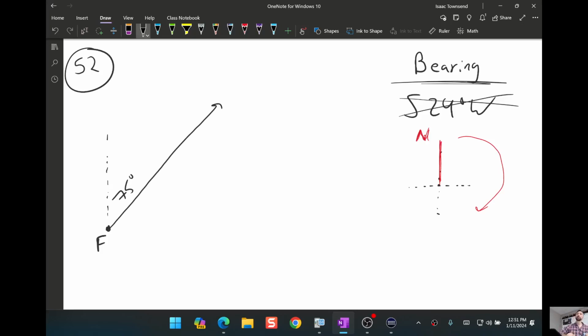Like that. So again, they didn't say north towards east, it just said a bearing of 75. But if it doesn't give you directions, start at the north line, turn clockwise, which is towards east.